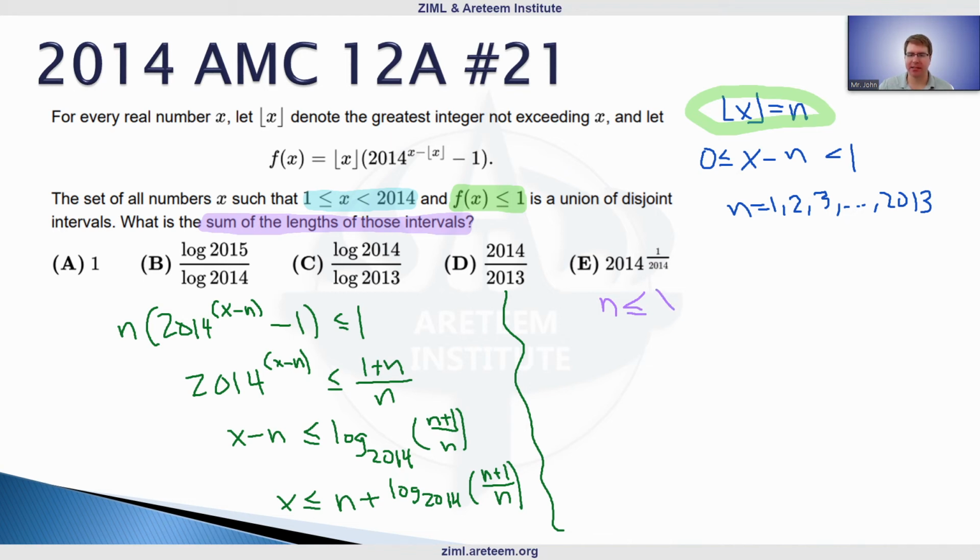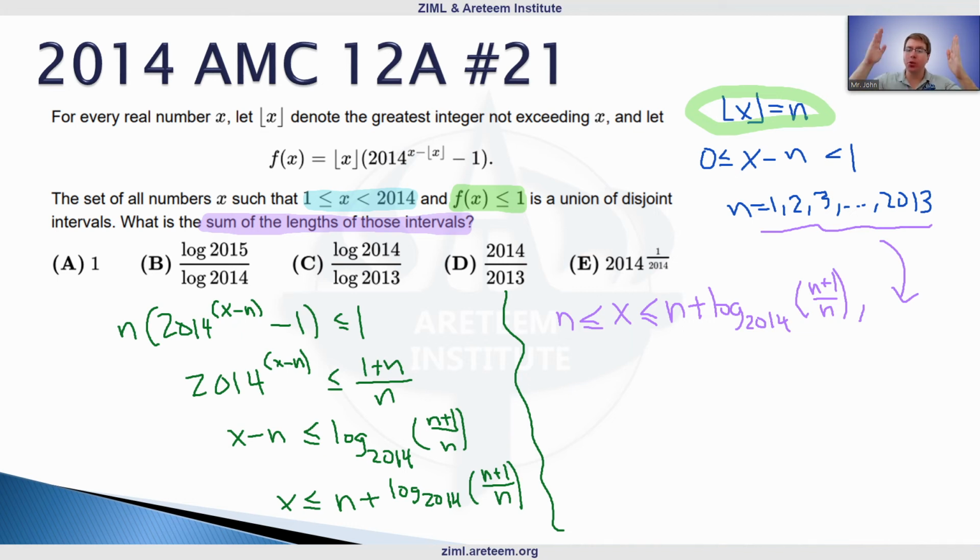So x has to satisfy n is less than or equal to x, which is less than or equal to n plus log base 2014 of n plus 1 over n. And the values of n are ranging in those values that we were talking about before. So n is in that range we have there.